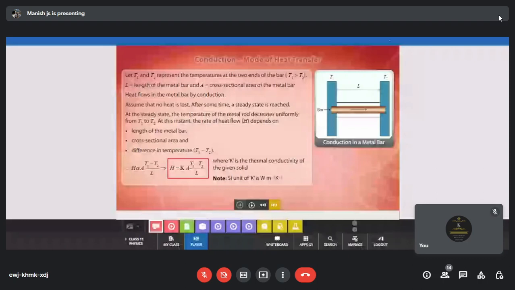Instances. Sir, soldering is used on printed circuit boards for fixing components. The soldering iron is made of copper because copper is a better conductor of heat than iron.